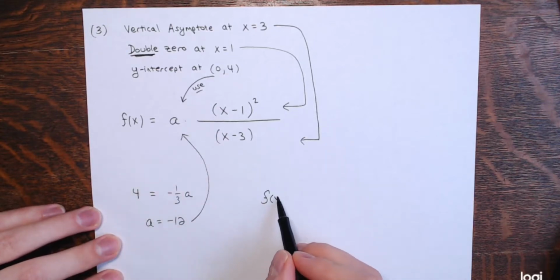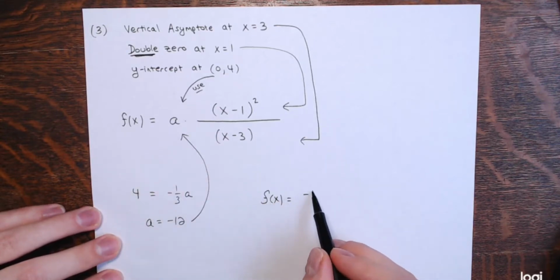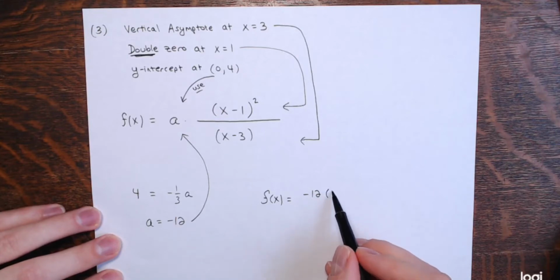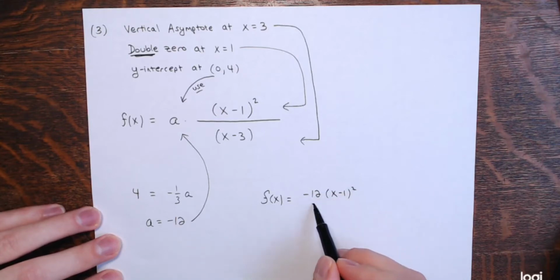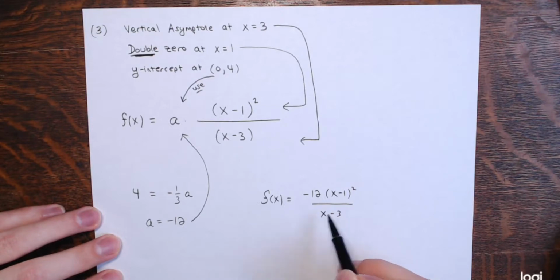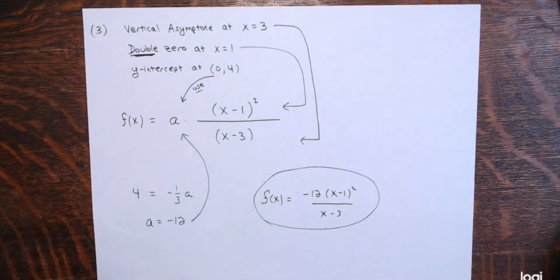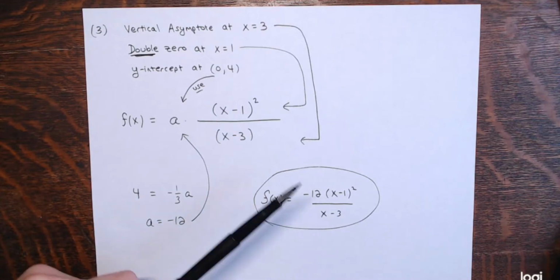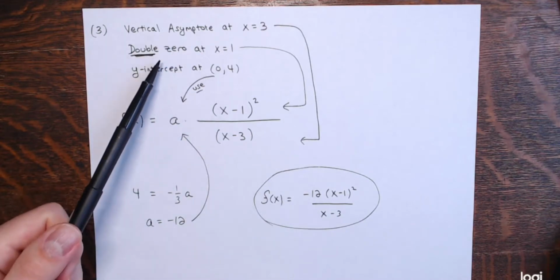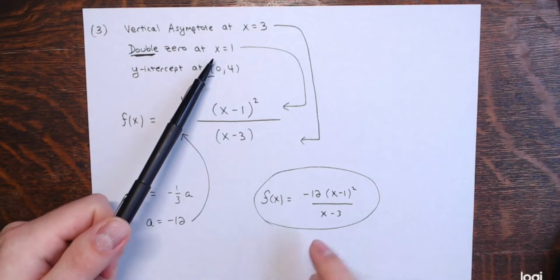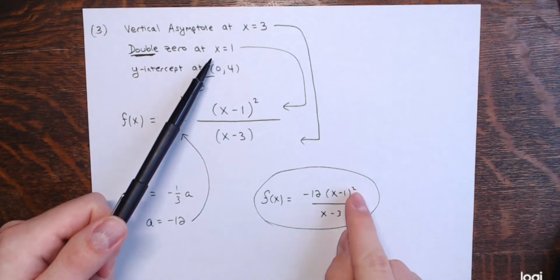Put it all together. Our function's negative 12 times the quantity (x minus 1) squared, all divided by (x minus 3), whatever. There you go. This function has that vertical asymptote, a double zero at x equals 1, right? There's (x minus 1) squared in the numerator. The graph would bounce off the x-axis.